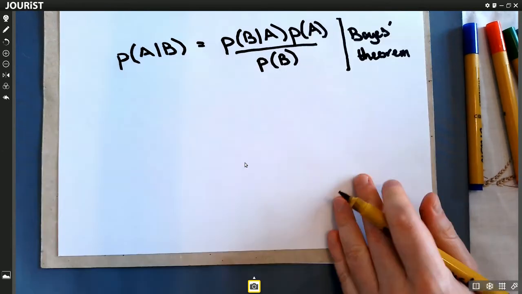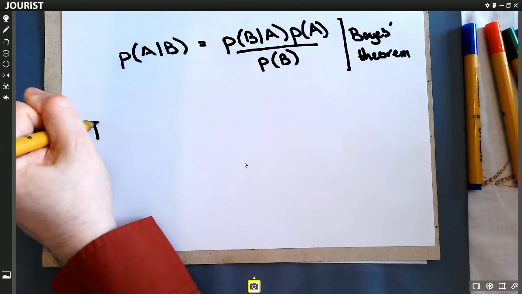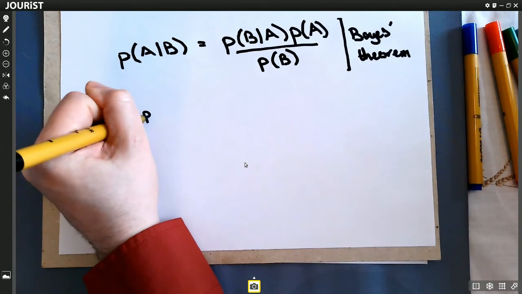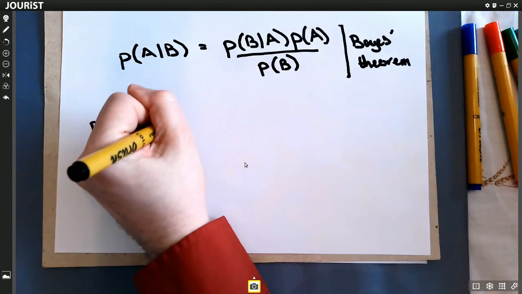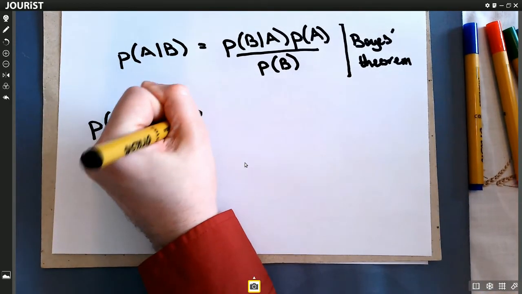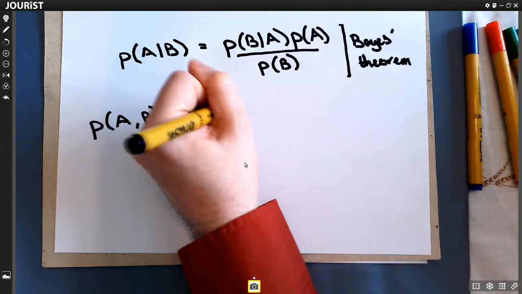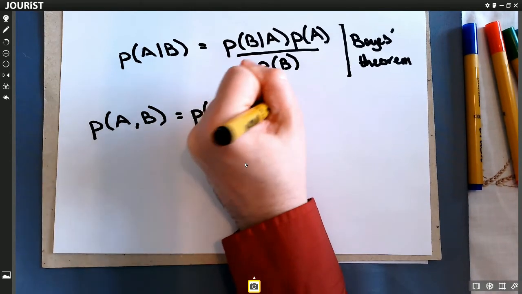Okay, and it's actually nothing too complicated. If we start with the probability of both A and B being true, this is equal to the probability of A being true, and then the probability of B given A is true.